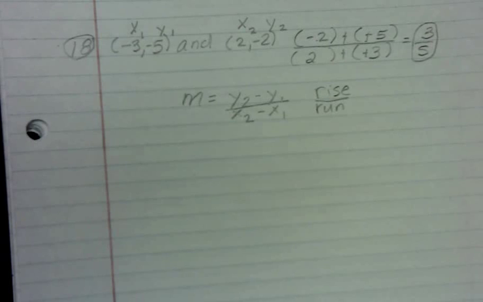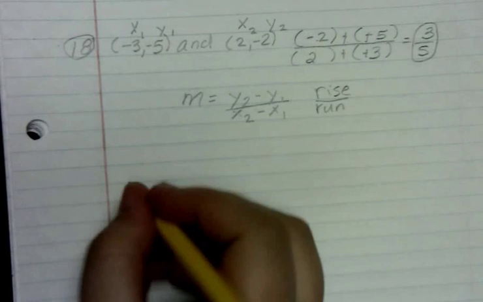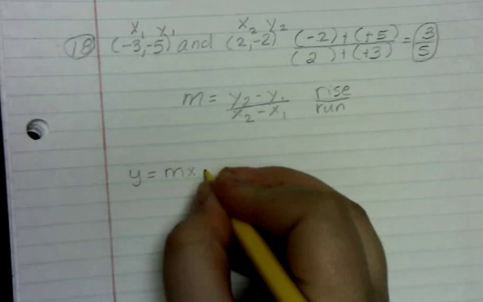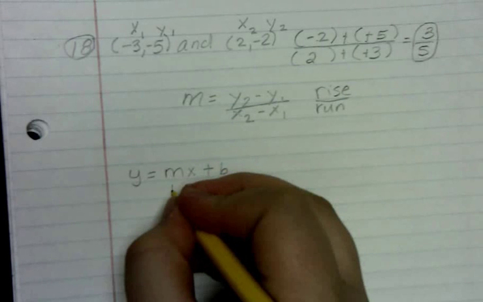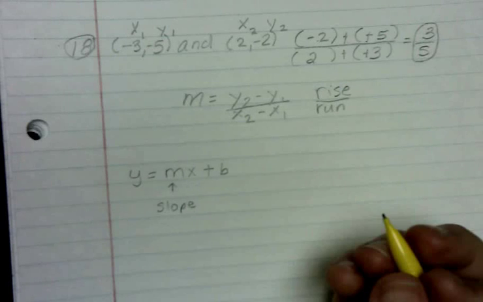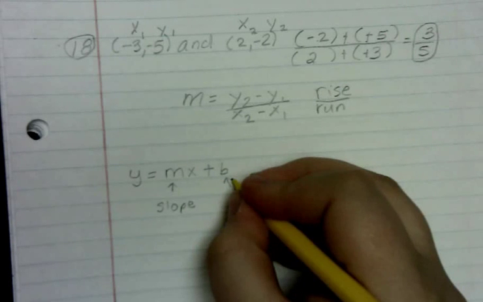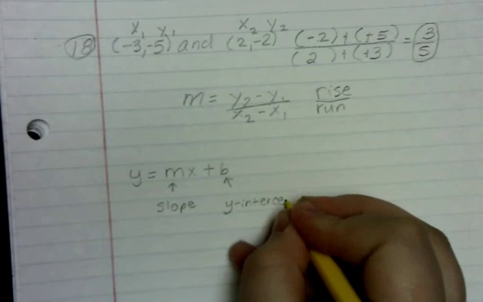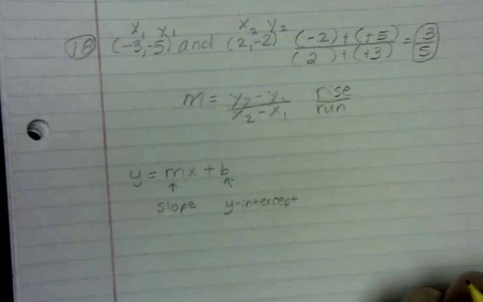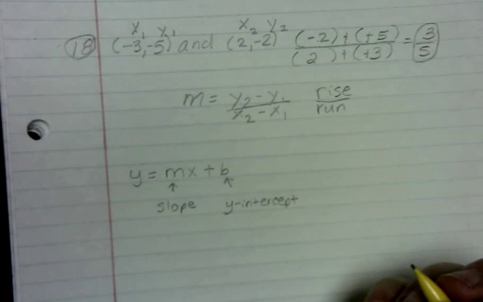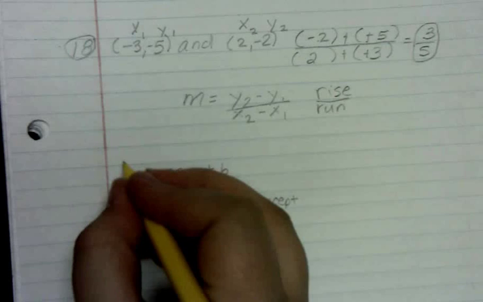Well, if we want to find the slope and y-intercept, we need to remember the formula of y equals mx plus b, where m is your slope and b is your y-intercept. So we need to make sure our problem is in that slope-intercept form. That's what this is called.